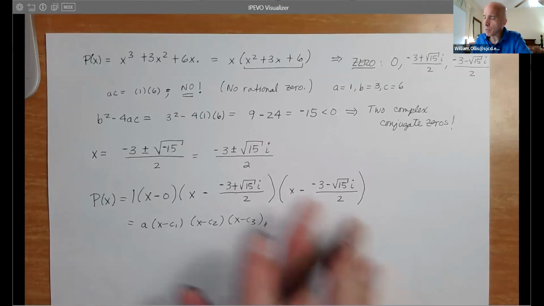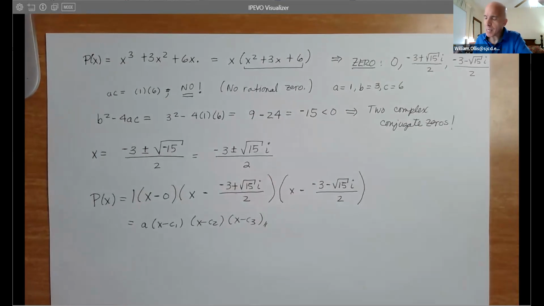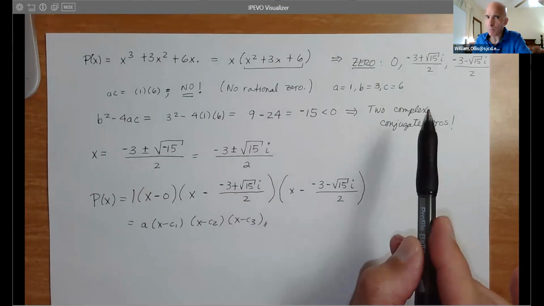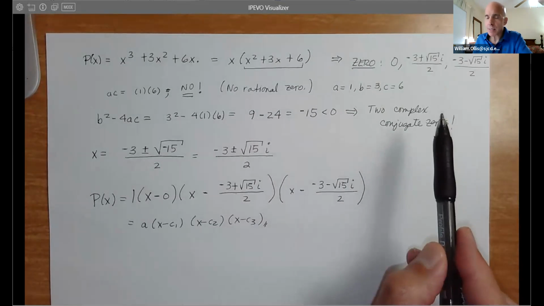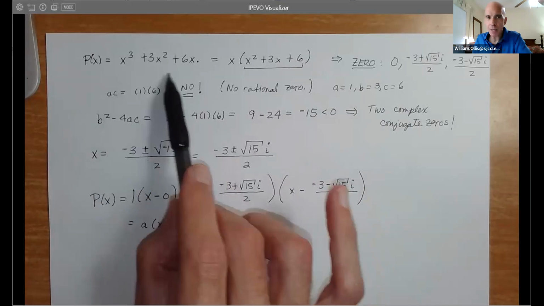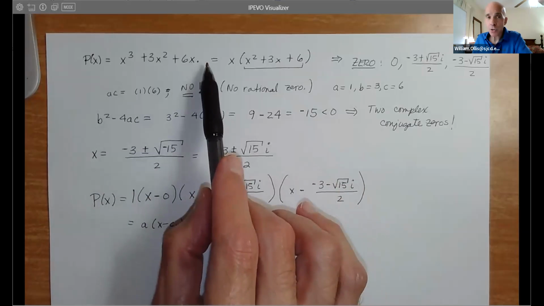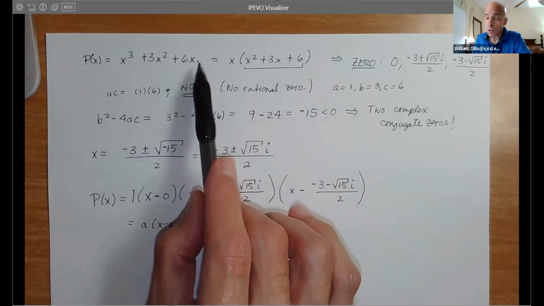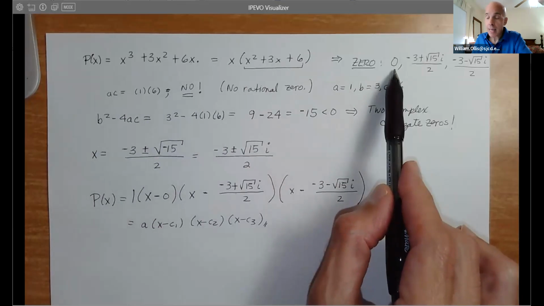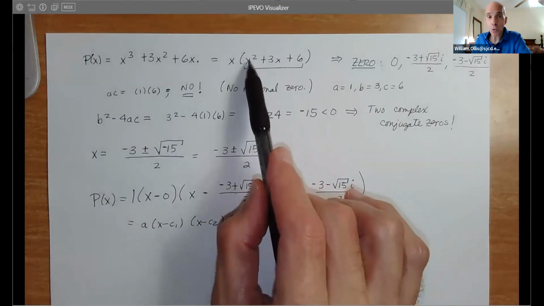So let me just recap here. We approach this just like we've done all the other problems. The thing is that sometimes we don't notice that we have a freebie here. The constant term is 0. So we factor the x and we have a free 0 right there. And then we've reduced to a quadratic.